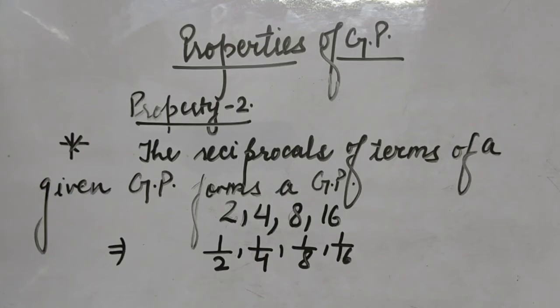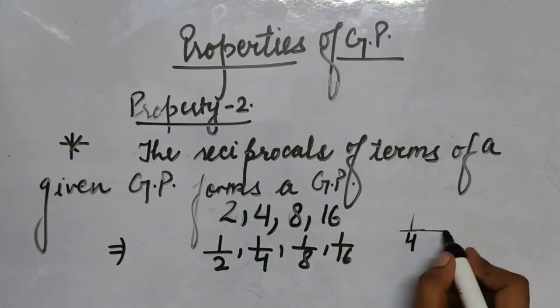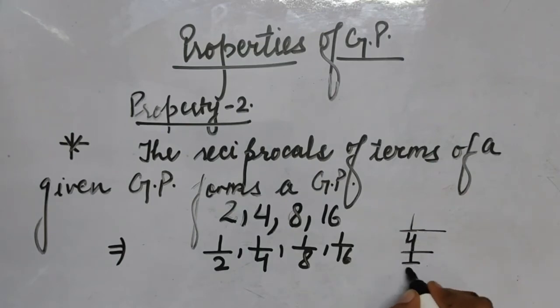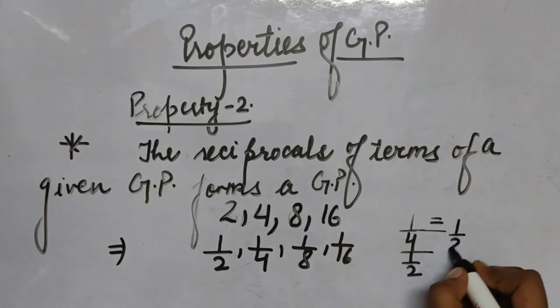And to see this whether it is a GP or not, we will find out here common ratio. Okay. So 1 by 4 divided by 1 by 2 will be equal to what? It will be equal to students 1 by 2 only.